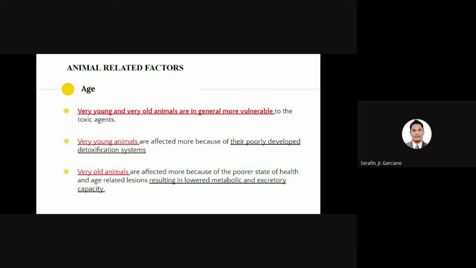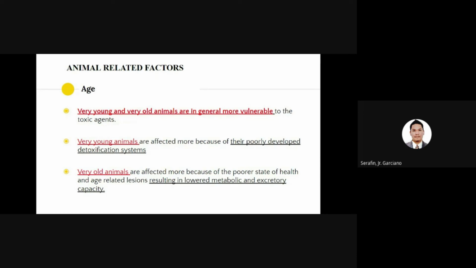The organs did not function very well because of the age-related problems, and this will result in a lower metabolic and excretory capacity for the toxic agents.